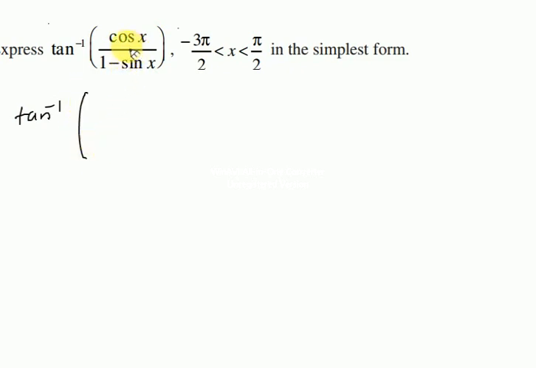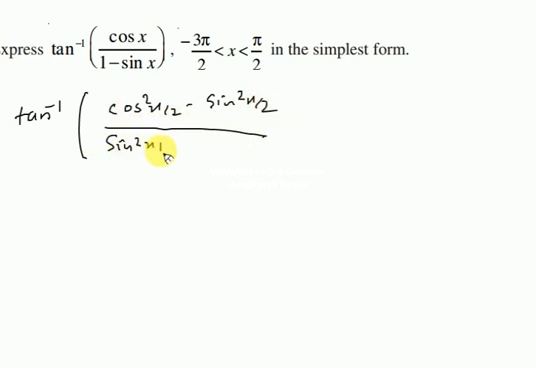Simplify this one. So cos x can be rewritten as cos square x by 2 minus sin square x by 2. One can be written as sin square x by 2 plus cos square x by 2 minus sin x.